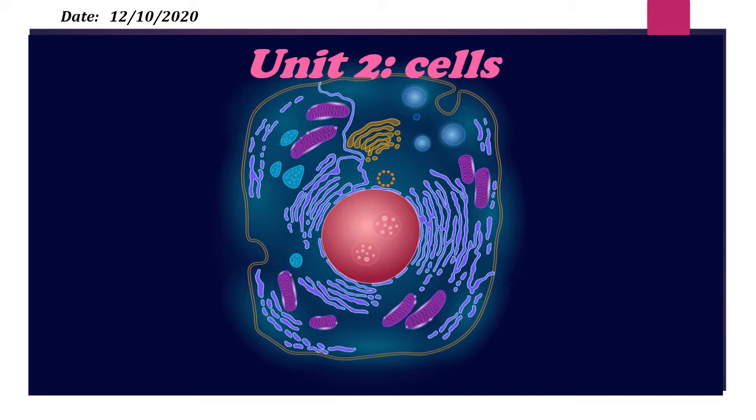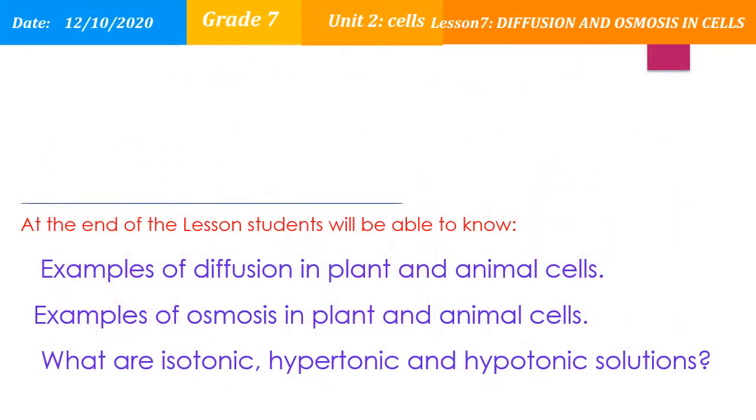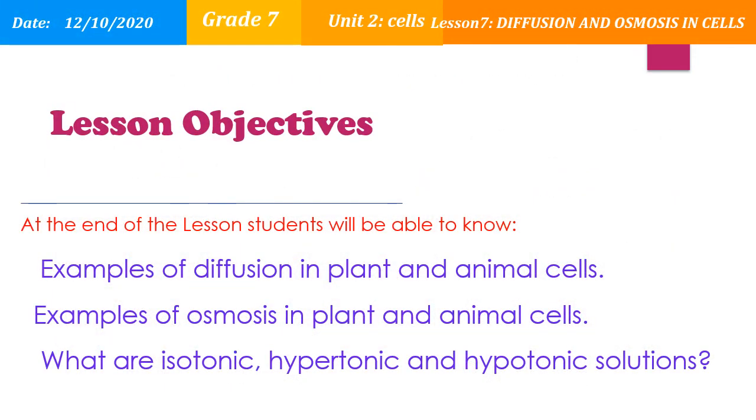Welcome back for Unit 2 Cells. Today we are going to take Lesson 7, Diffusion and Osmosis in Cells. Our objective today is to know examples of diffusion in plant and animal cells, also examples of osmosis in plant and animal cells.